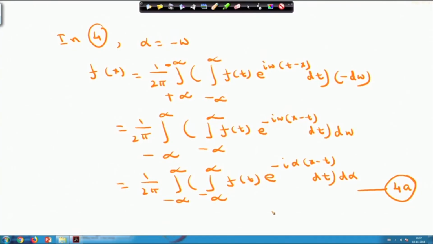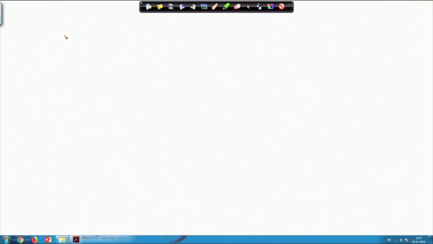Now, in 4, if I use alpha equals minus omega, then I write f(x) like this: 1 by 2 pi, integral from minus infinity to infinity of f(t) e^(minus i alpha (x minus t)) dt d alpha. So, instead of 4, if I work with equation 4a, then I will get some other form.